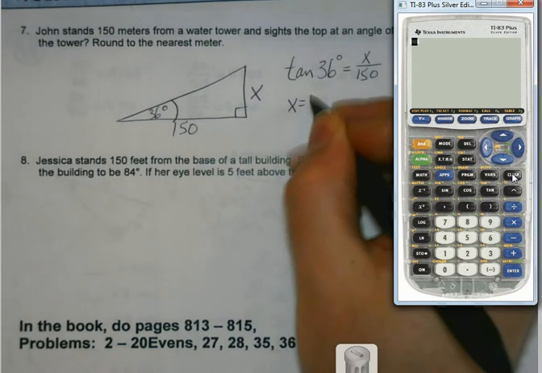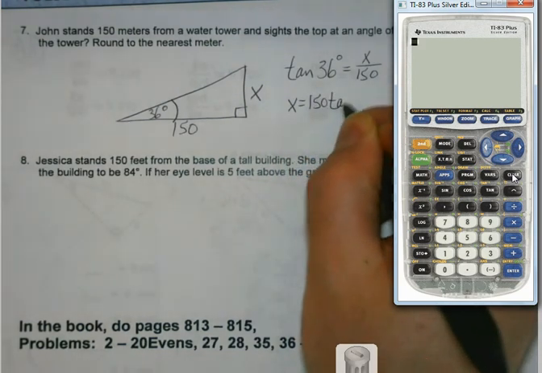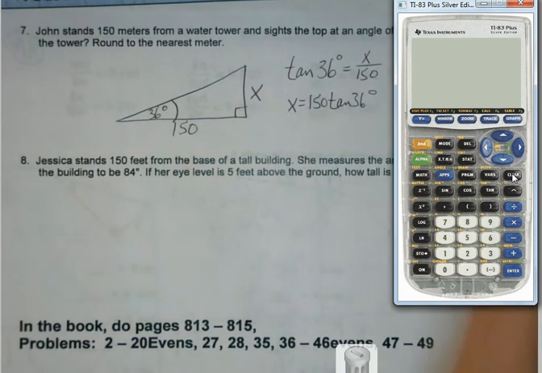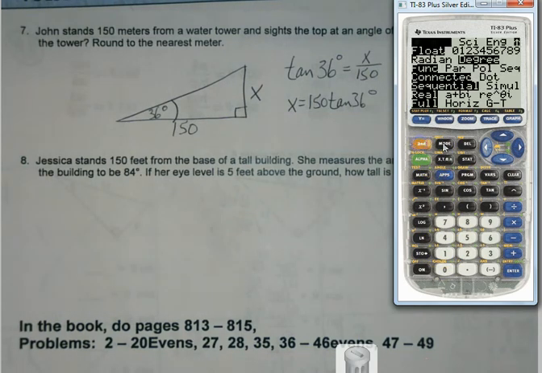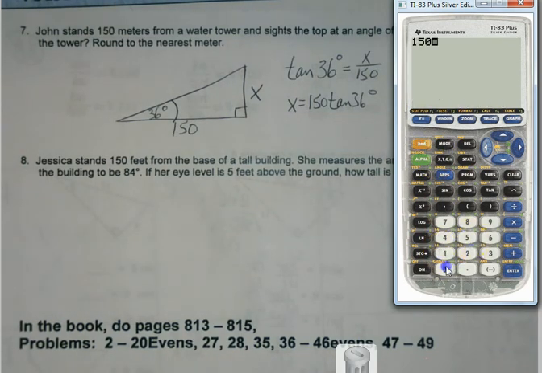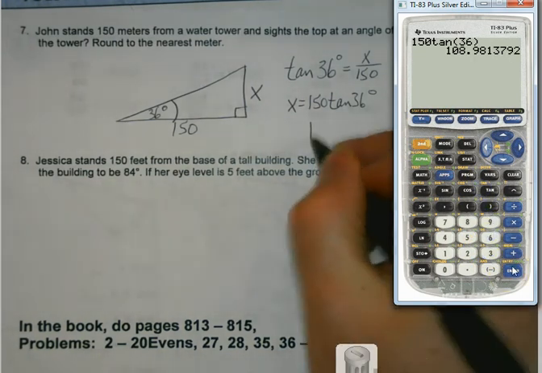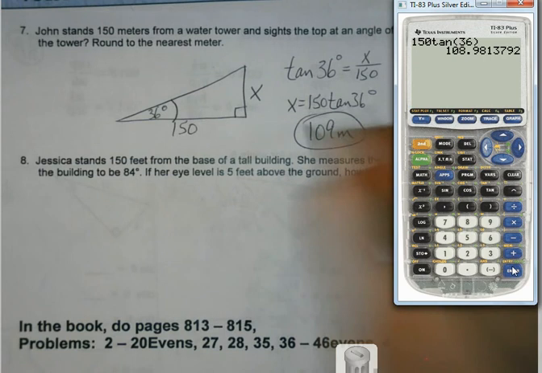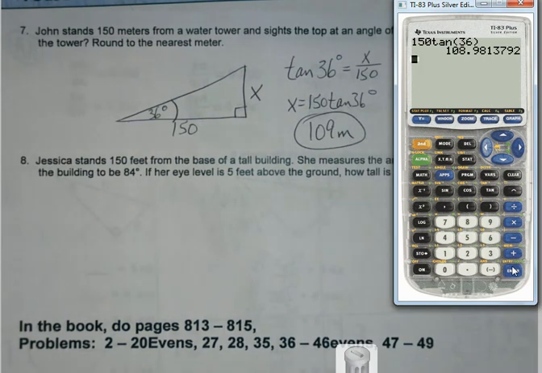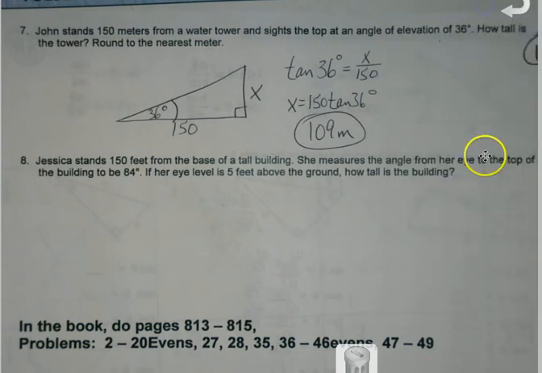So when I go to type this in, it'd be 150. Make sure I'm in the right mode. I am, okay. 150 times the tangent of 36. And since we're going to the nearest meter, looks like that building's about 109 meters tall. So again, pictures can help.